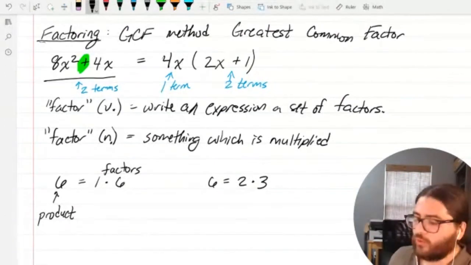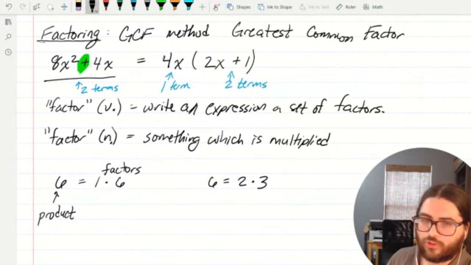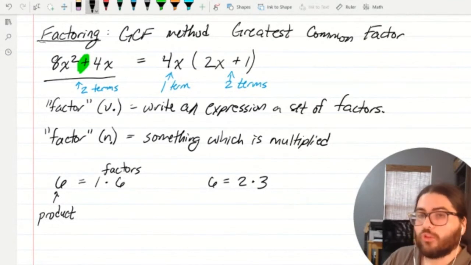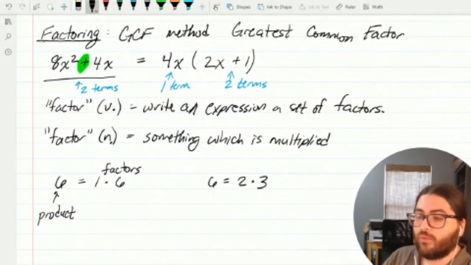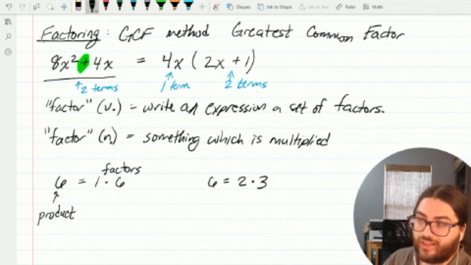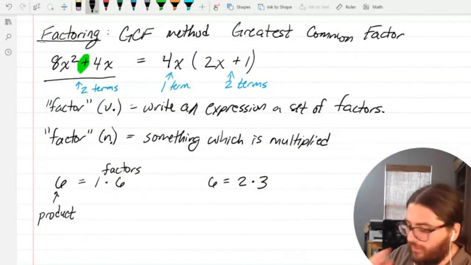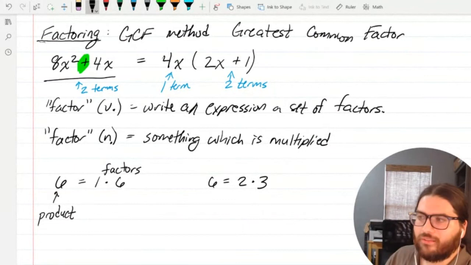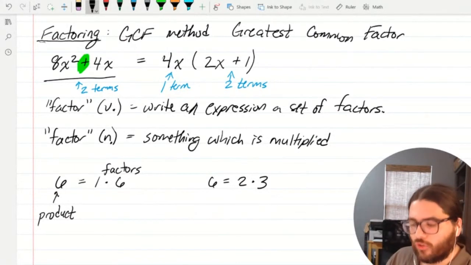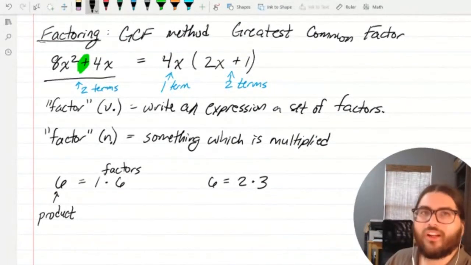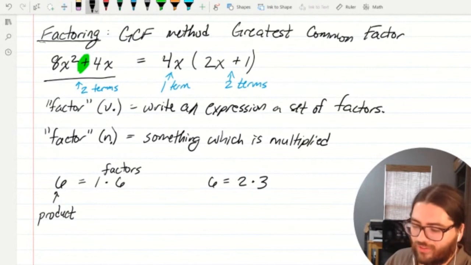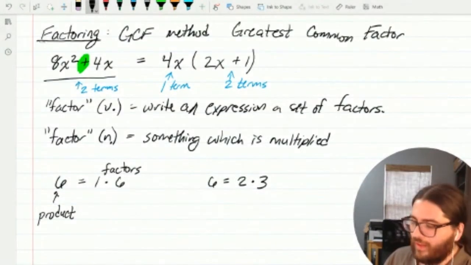And that's okay. Factoring is going to be a very important process when we start solving equations because multiplication has some great properties which addition does not have, and we'll get to that. In general, factoring makes things easier to solve, although factoring itself may not always be the easiest process to deal with.